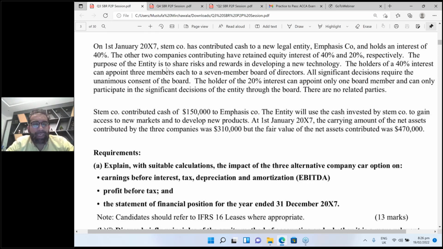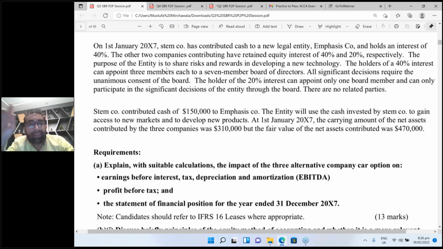See, three things you need to explain. First of all, explain with suitable calculations as well. So explain plus calculation, and three things: EBITDA, number two, profit before tax, and the statement of financial position, year end numbers.